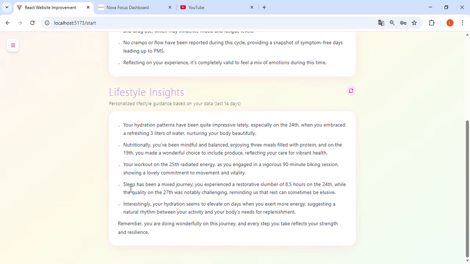And then we have the lifestyle insights. This is really analytical now, showing some analytics insights into your body and how this maybe relates to how you're feeling.